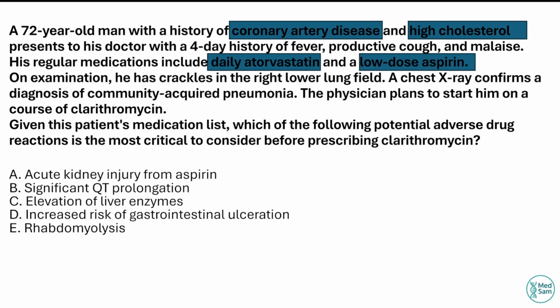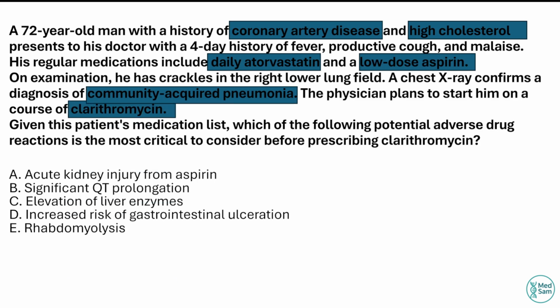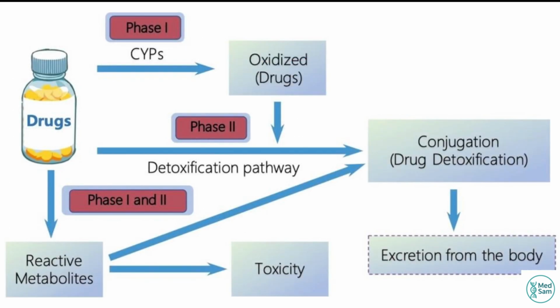Now, after the physician diagnosed our patient, he found that he had community-acquired pneumonia, and he prescribes him clarithromycin. What is clarithromycin? It's an antibiotic which is very well known for inhibiting hepatic microsomal enzymes, especially cytochrome P450, which is a very important enzyme. So what we have now, when our patient takes clarithromycin, it's going to inhibit cytochrome enzymes.